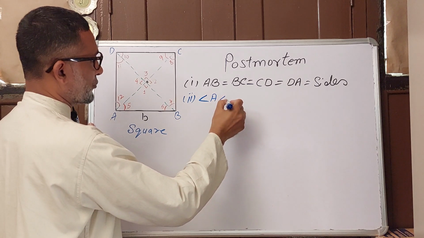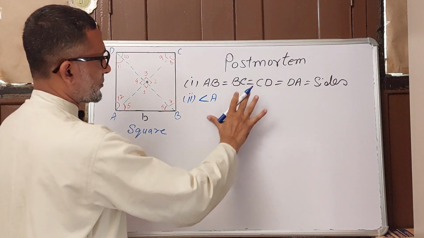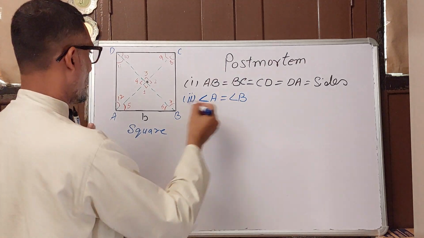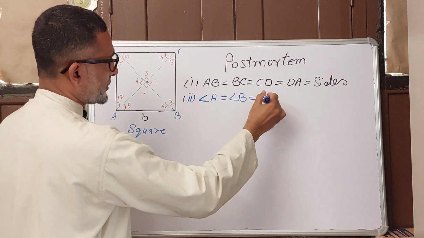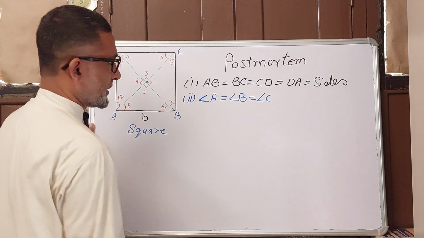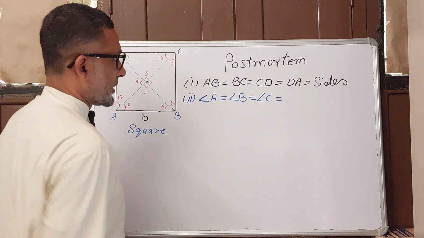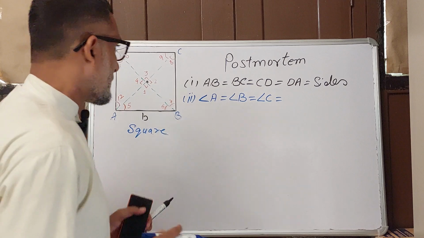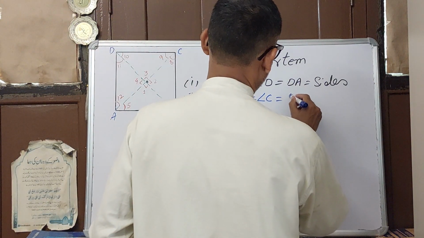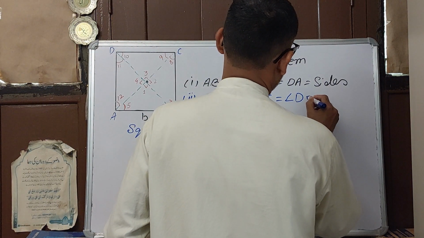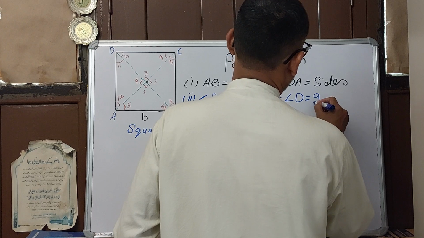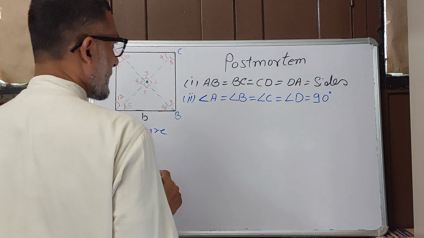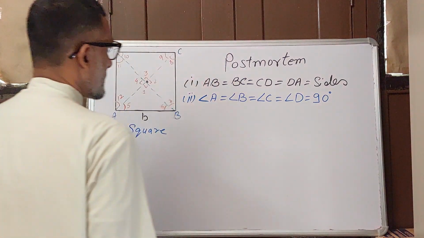So angle A is equal to angle B, just as it looks, seen with the naked eye, no need of any microscope to visualize it. Just by simply seeing, you can identify these angles are all 90 degrees.